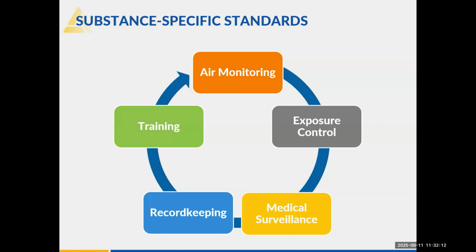With all of these standards that we talk about, there's kind of a cyclical motion here. You're going to do some air monitoring to gather your data, but then based on that data, think about how you can control that. Go back to how Chris discussed engineering controls and admin controls. What is the best way for you to control that exposure so that your employees don't get sick? Then based on whatever these standards are, or based on whatever your air sampling results look like, you may have to offer medical surveillance to ensure that your employees aren't becoming ill because of this potential exposure.